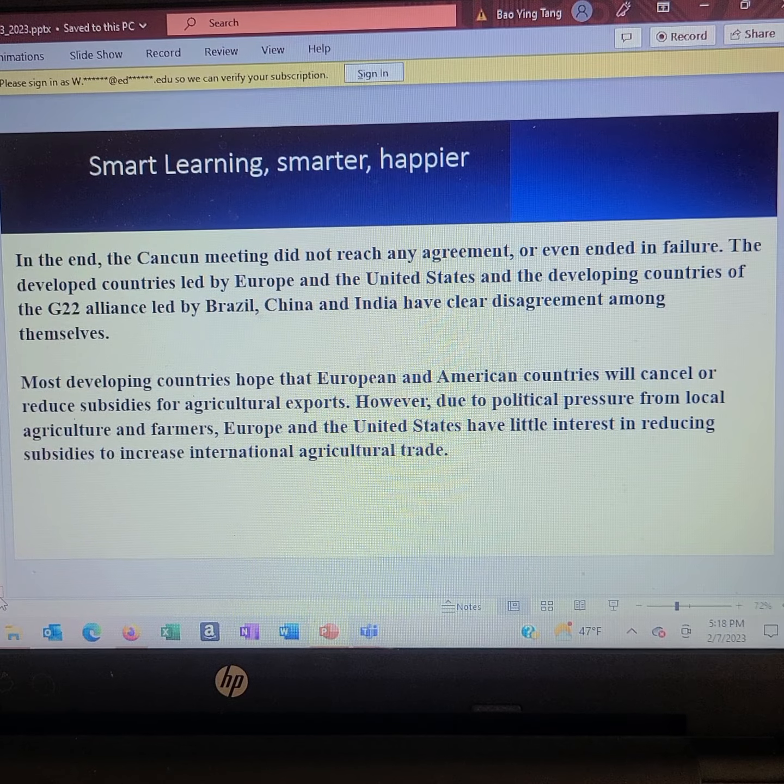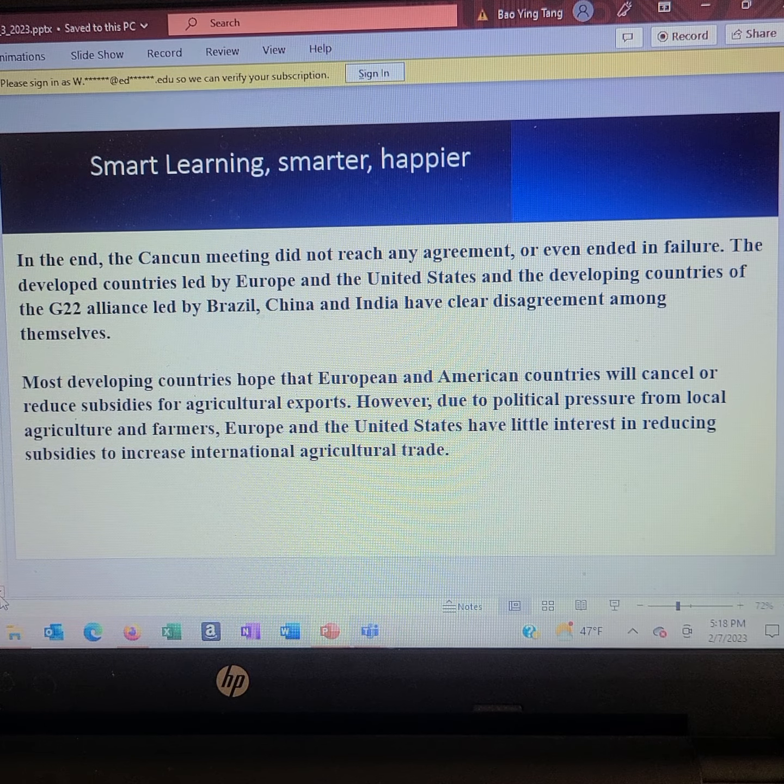Most developing countries hope that European and American countries will cancel or reduce subsidies for agricultural exports. However, due to political pressure from local agricultural sectors and farmers, Europe and the United States have little interest in reducing subsidies to increase international agricultural trade.